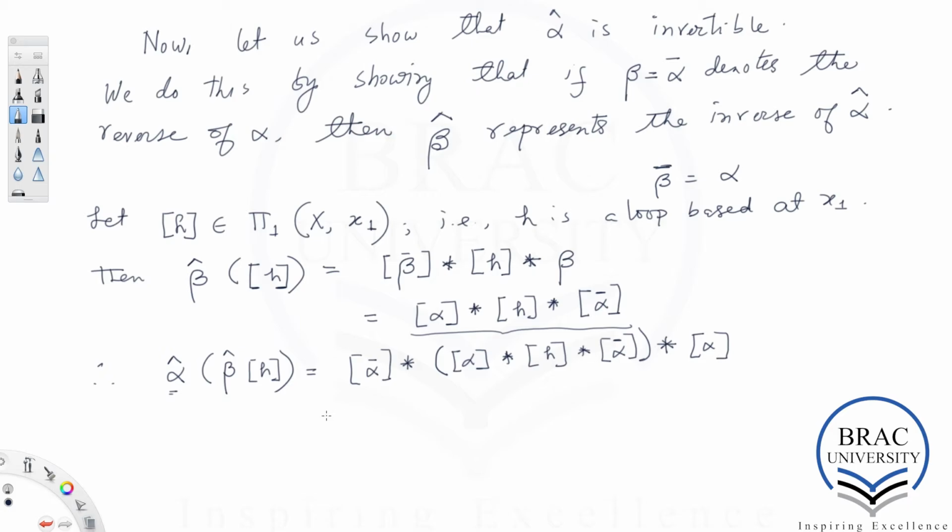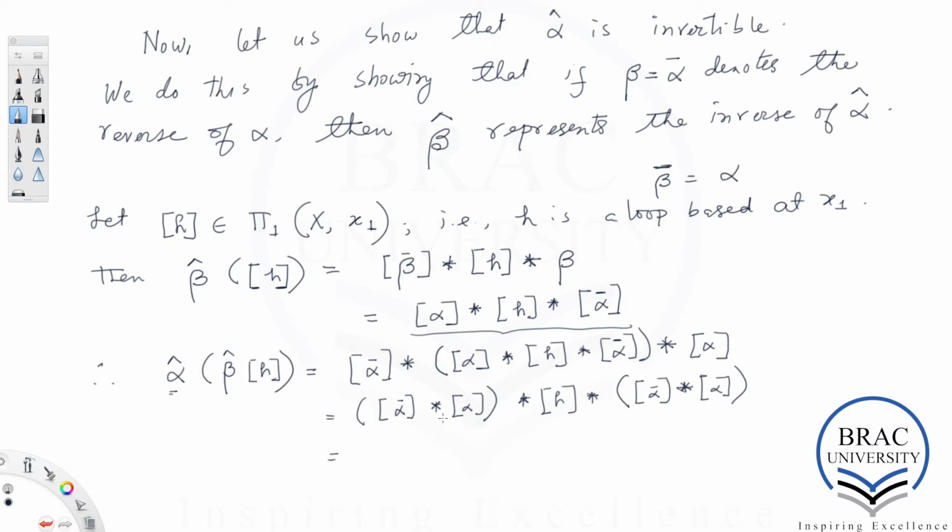Then using associativity of this product, we can write it as alpha bar star alpha star H star alpha bar star alpha, right?